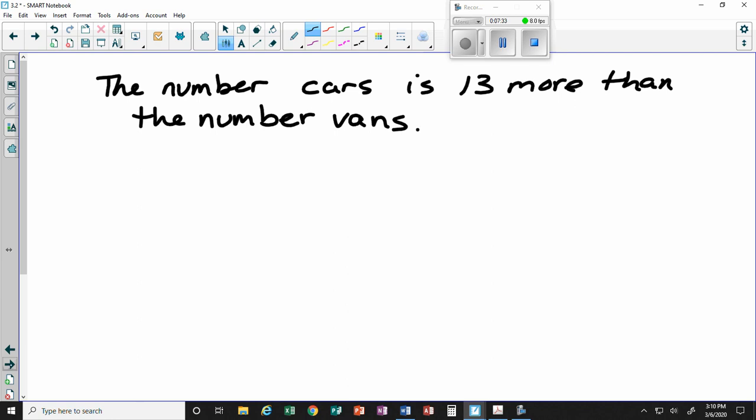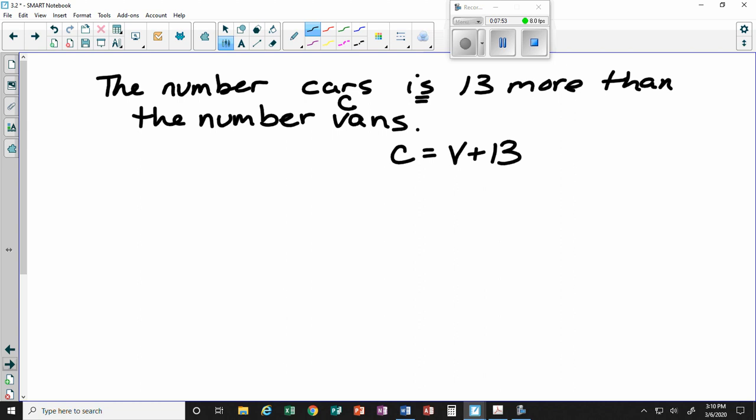The cars is 13 more than the number of vans. Whenever you see this, is means equals. So cars equals 13 more than means I have to take the vans and add 13. So to find the number of cars, I have to add 13 to the vans. So that would be an equation if I had something like that.